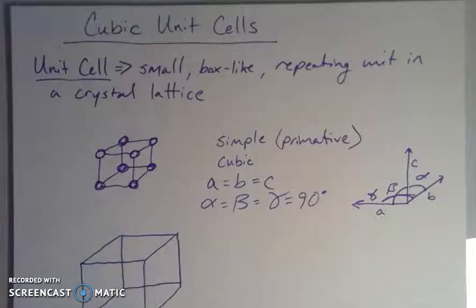So this ball and stick model is a little bit misleading, and even though it's handy and helps us visualize what this looks like, it limits us because these atoms actually take up space.